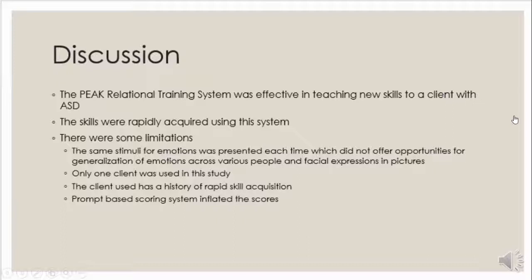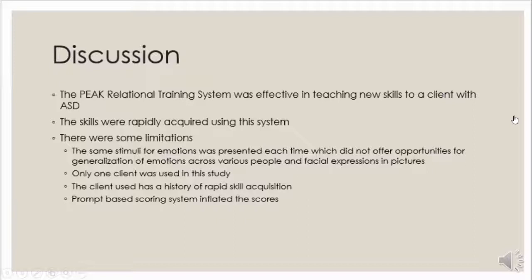Also, there was only one client in this study, so it didn't offer a lot of validity, just because there was only one client and I was not able to produce the same results across multiple clients.